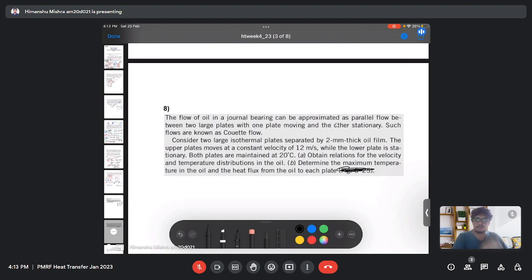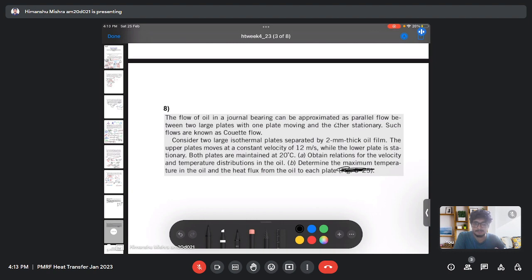Such flows are known as Couette flow. Consider two large isothermal plates separated by a 2 mm thick oil film. The upper plate moves at a constant velocity of 12 meters per second, while the other plate is stationary. Both plates are maintained at 20 degrees Celsius. Obtain the relation for the velocity and temperature distribution in the oil.